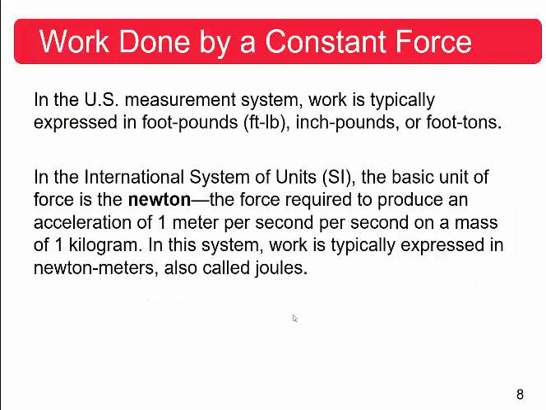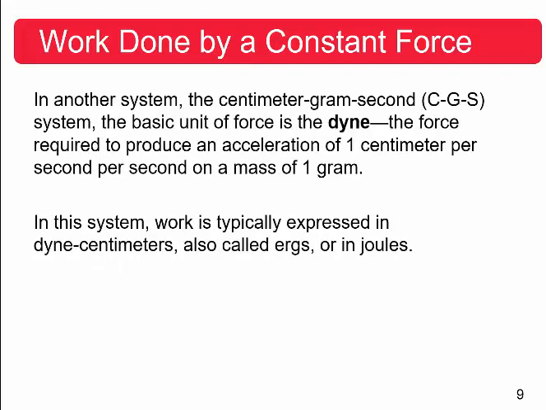In the U.S. measurement system, work is typically expressed in foot-pounds, inch-pounds, or foot-tons. However, in the international system of units, the basic unit of force is the Newton. You've probably heard of that in your physics class. It is the force required to produce an acceleration of 1 meter per second squared on a mass of 1 kilogram. In this system, work is typically expressed in Newton-meters, which we also call joules.